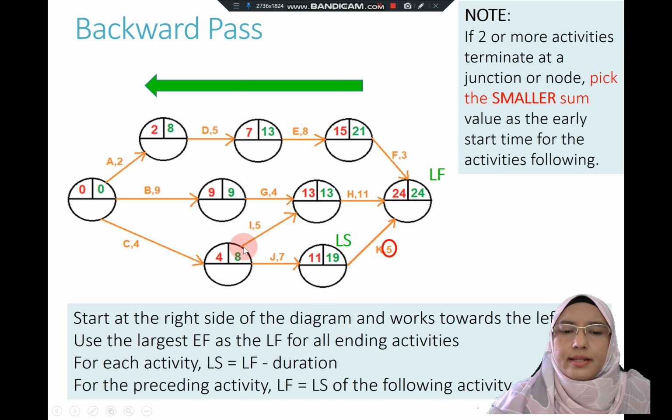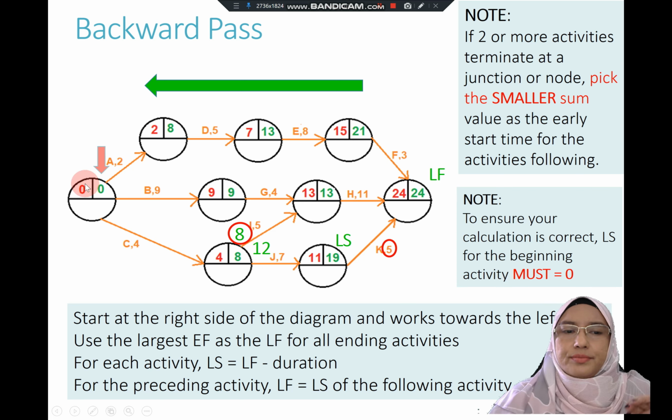So let's look at this example. 13 minus 5 gives you 8, but you also have to consider activity J. Activity J is 19 minus 7, which is 12. The rule is that when you do the backward pass, you need to take the smallest number. The smallest number here is 8. That is why 8 is stated in the node instead of 12.